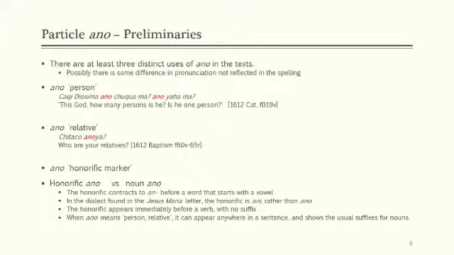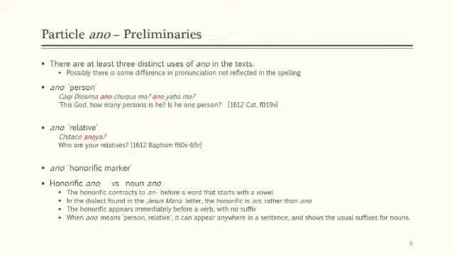The first one I want to talk about is a particle, ano, and there are at least three different kinds of ano in the text. As I said in the question period at lunch to a few people, we only have the spelling of this language in Roman letters.